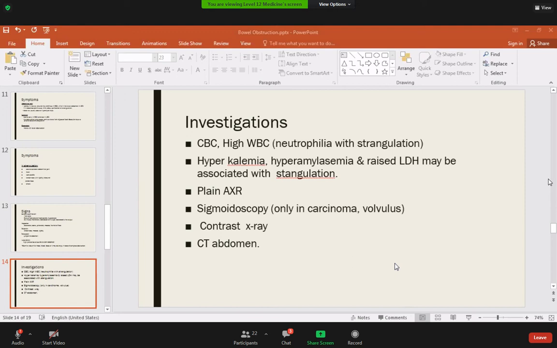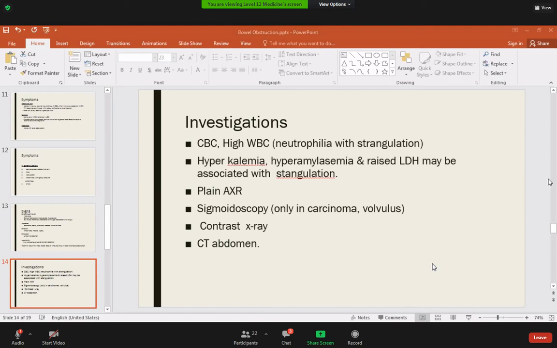Electrolyte problems can be a cause of paralytic ileus, or electrolytes can be deranged in certain conditions like gastroenteritis and acute obstruction. Patient may have hyperkalemia, hyperamylasemia, or there may be a raised LDH. Hyperamylasemia is a sign of ischemic infarction or ischemic necrosis. So you may have a high amylase level here too. There may be a raised LDH level, which may be associated with strangulation.